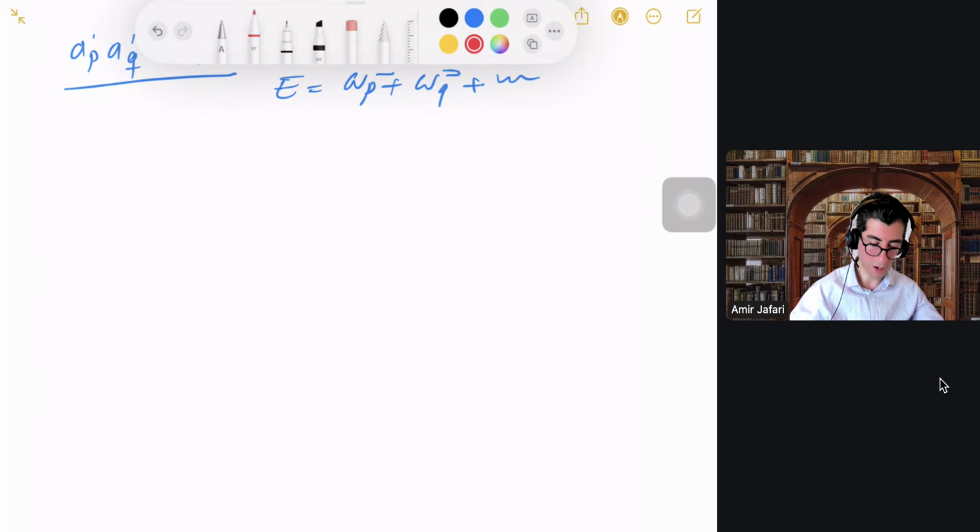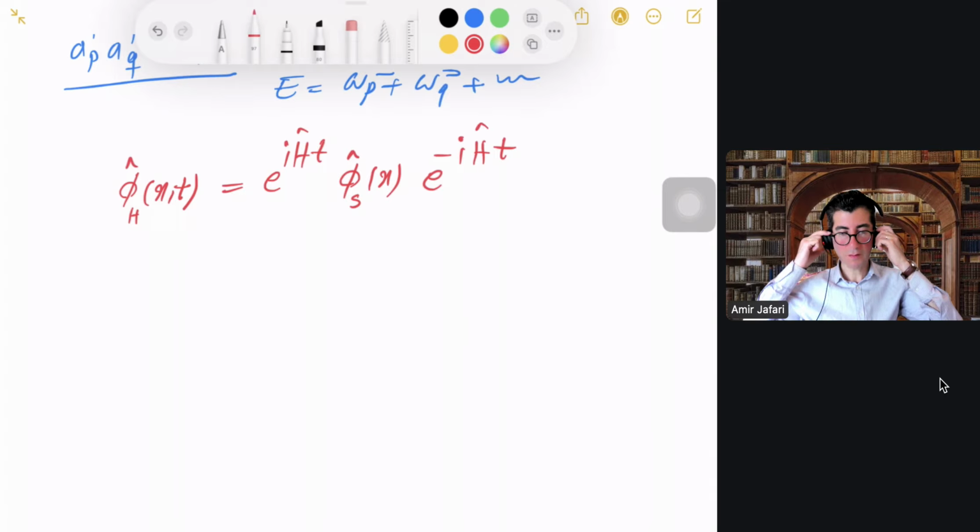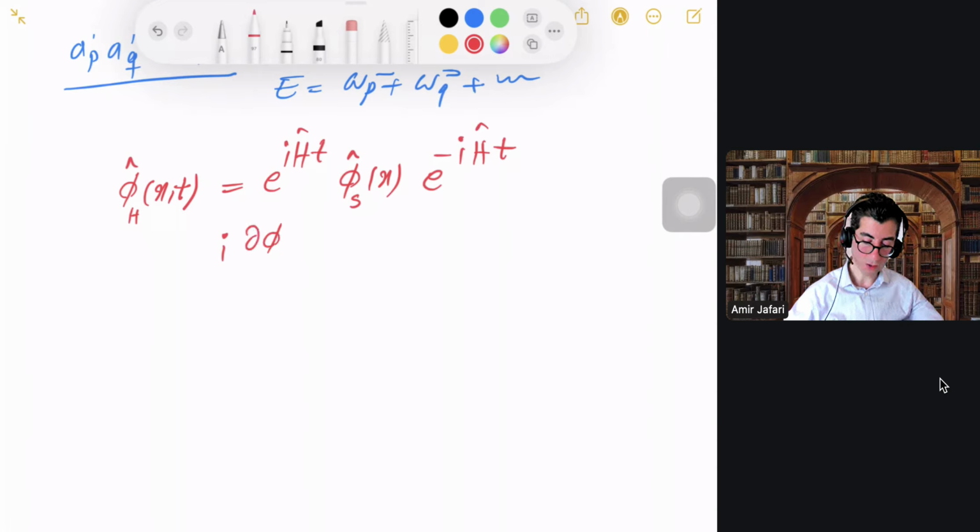How do you define a time-dependent operator in quantum mechanics? Using the Hamiltonian, you write it as e^{iHt} phi(x) e^{-iHt}. This is the operator in the Schrödinger picture, time independent. This is the operator in the Heisenberg picture. Simple, ordinary quantum mechanics. You define the Heisenberg, time-dependent operators like this, and we also have, again from ordinary quantum mechanics, Heisenberg's equation of motion.